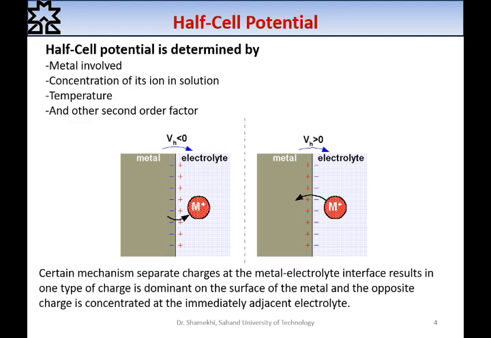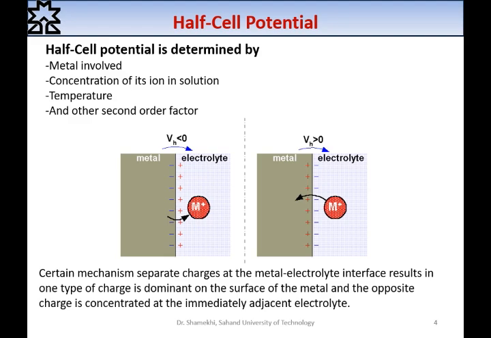When an electrode is placed inside an electrolyte, because of the concentration of ions inside the metal and inside the electrolyte, we have a specific potential.